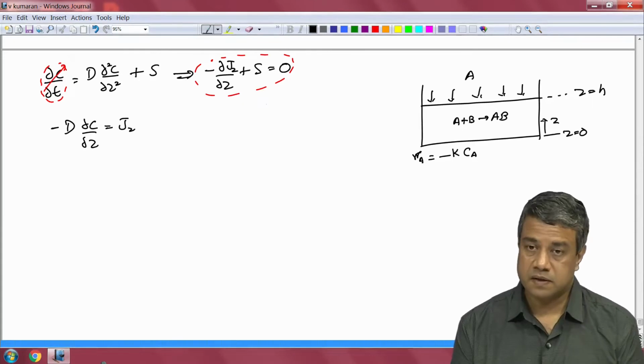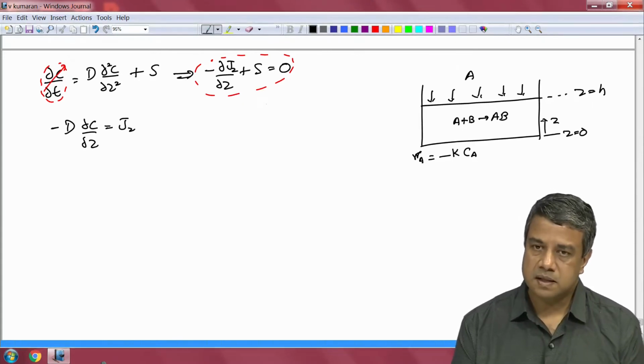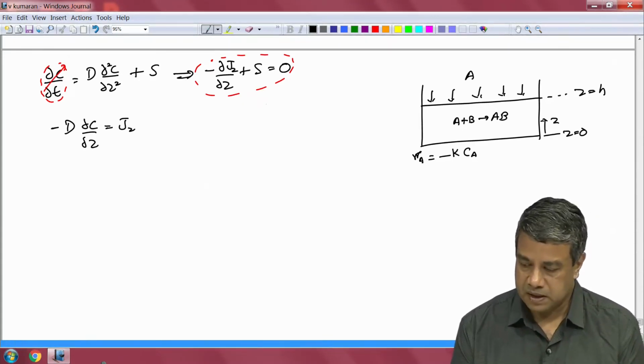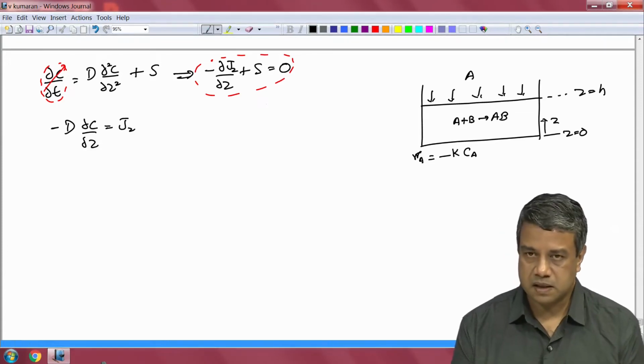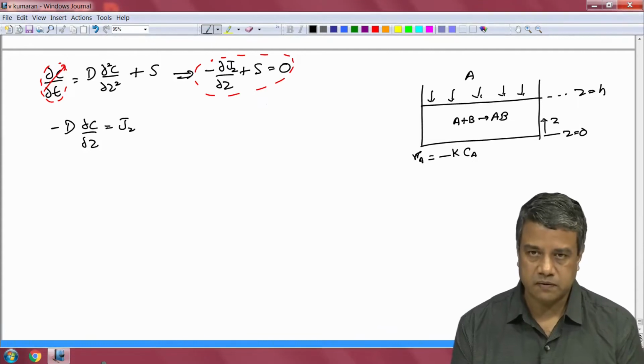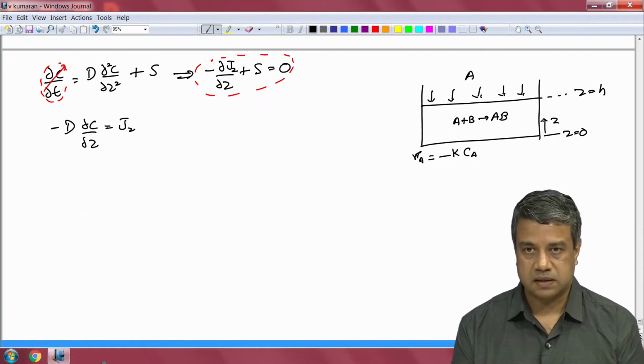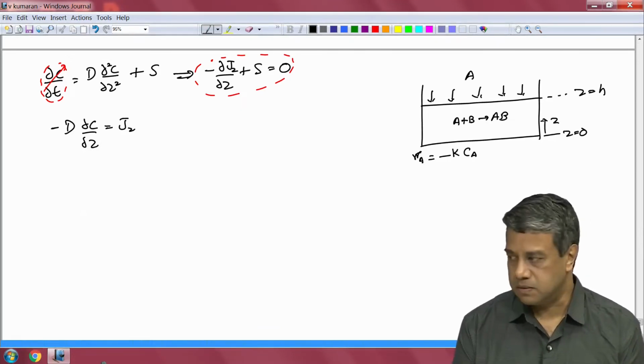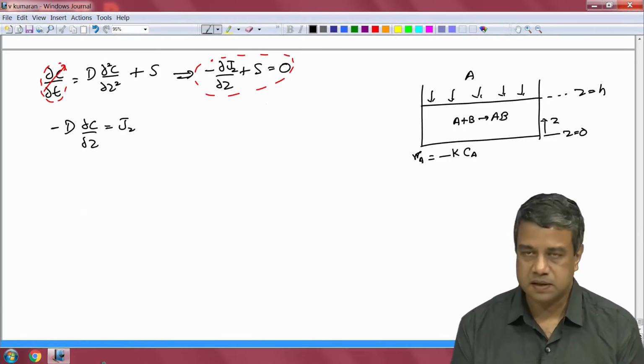K is a first order rate constant, it has dimensions of inverse time. So, therefore, this reaction rate or rate of consumption of A has dimensions of mass per unit volume per unit time. So, this is a volumetric sink. A mass consumed per unit volume per unit time is the reaction rate.